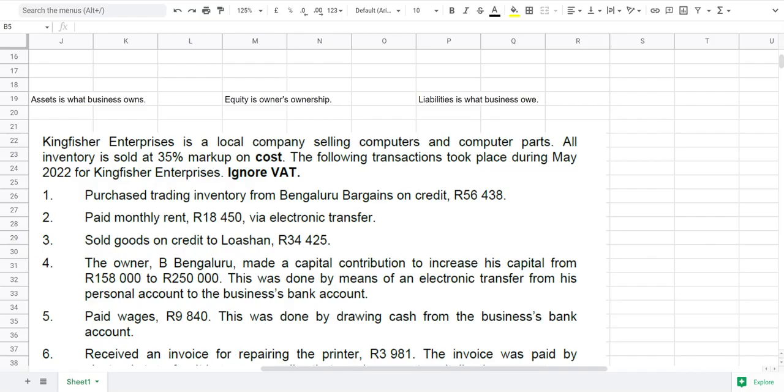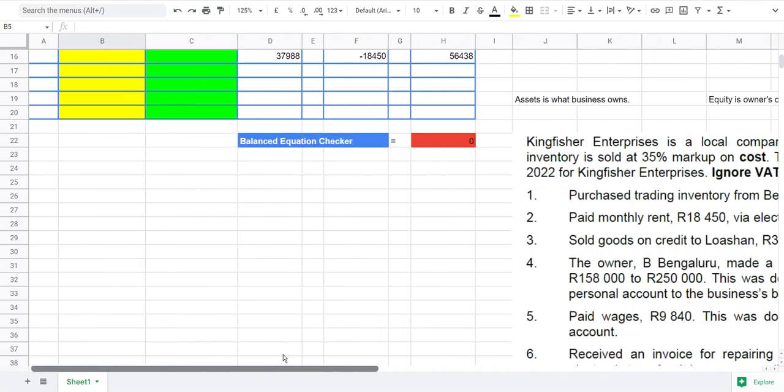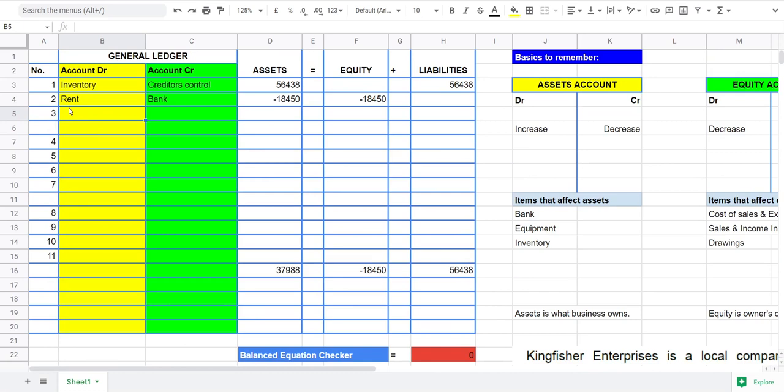All right, so we now go and record. So remember the account to be debited, it is the debtors control, and then the account to be credited is the sales.